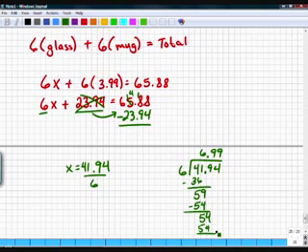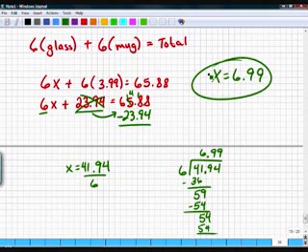Somebody explain to me why this should not come out to where you have a remainder. By looking at the problem. To get a price, yeah. Think about that. If we're trying to figure out what was the price of each glass, and if we get 6.99 or 6.998, something's wrong there.